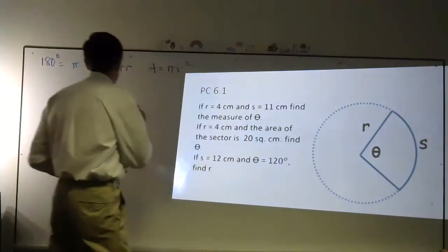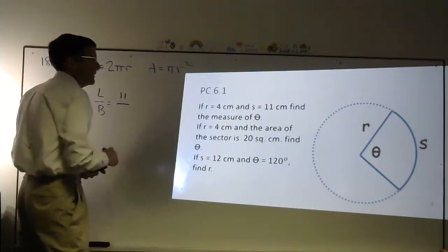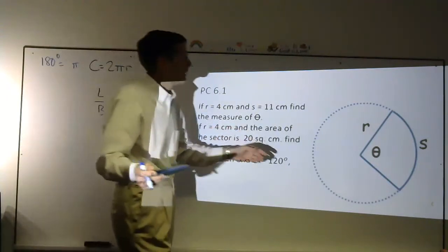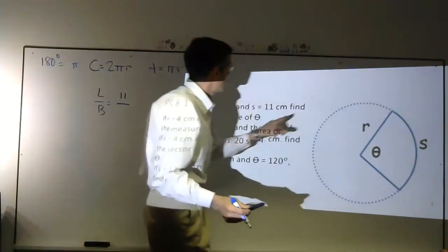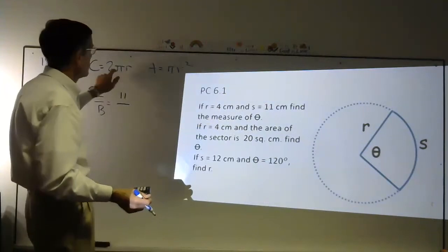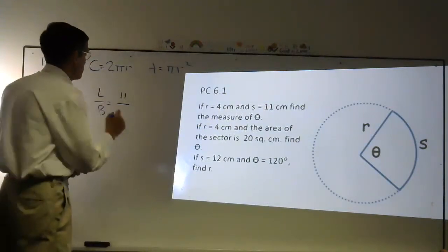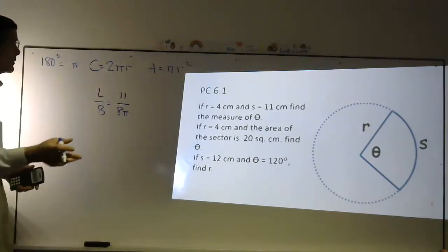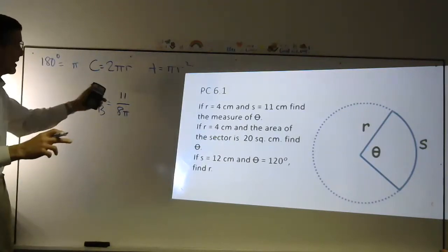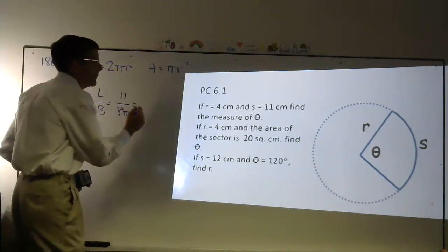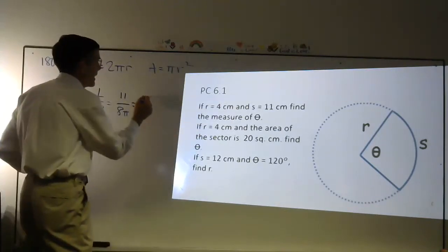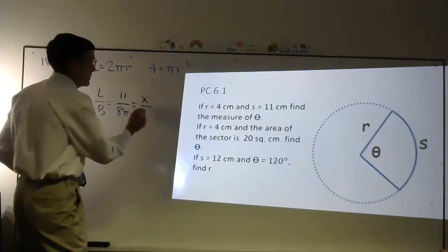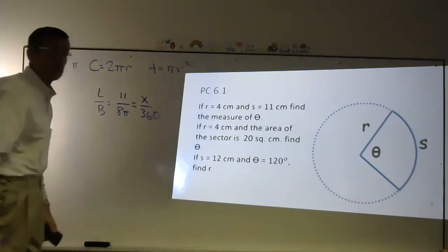What is the big arc? The whole way around, isn't it 8 pi? Right? So the little arc to the whole way around the big arc is 11 to 8 pi. Now we want to measure the little angle, x.